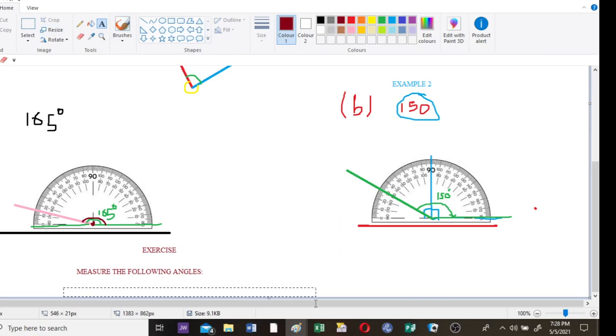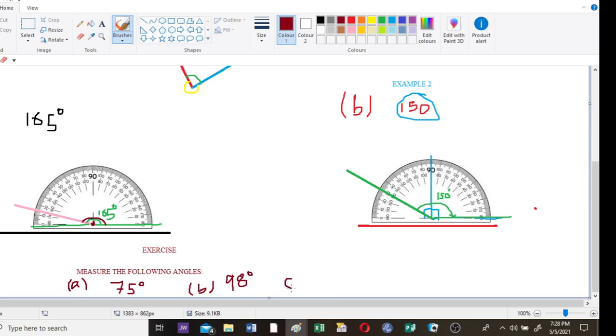So the first one, let me just do this. You measure A. I want you to measure a 75 degrees angle. The other one, which will be your B, learn how to measure 98 degrees.